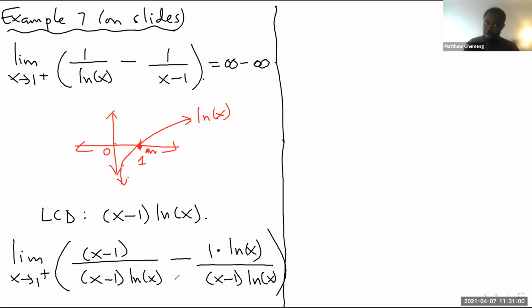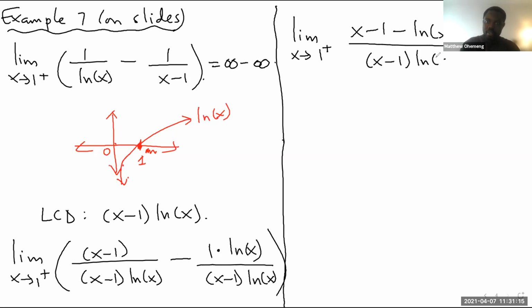Now I have a common denominator, so I can write it as a single quotient by just subtracting the numerators. So I have x minus 1 minus ln of x, all over x minus 1 times ln of x.